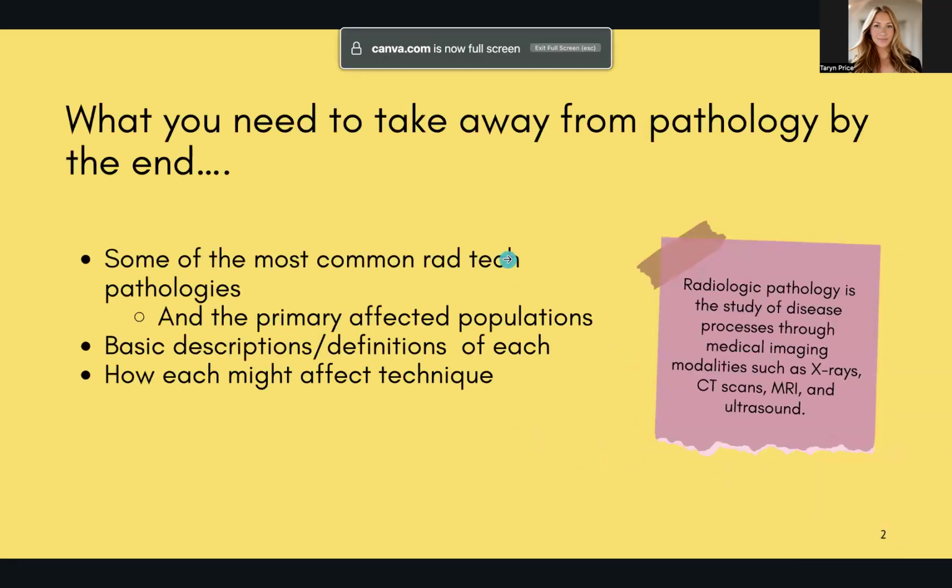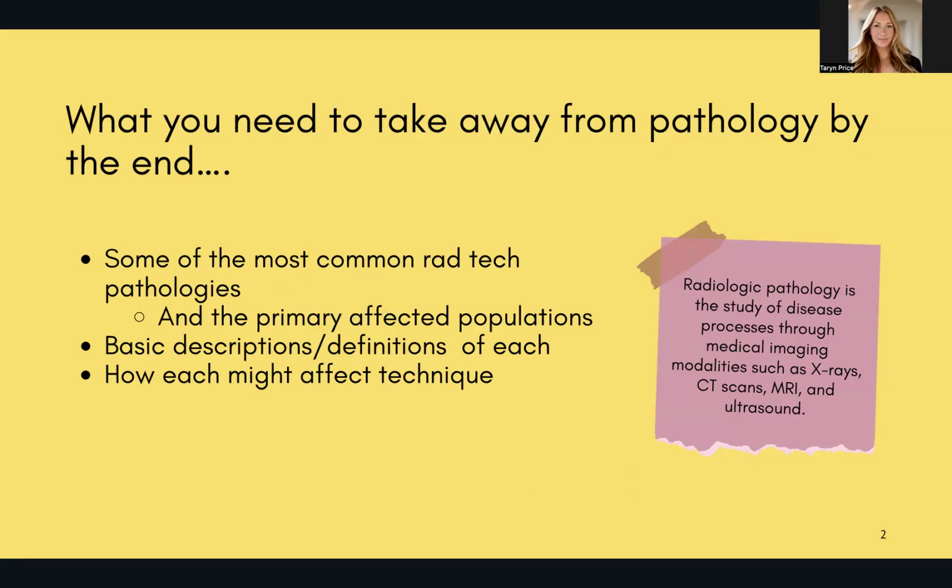So, what you ultimately need to take away from this course are going to be some of the most common, and some might be less common, but still significant in radiology, rad tech pathology. So, some of those common and significant rad tech pathologies and the primary affected populations.